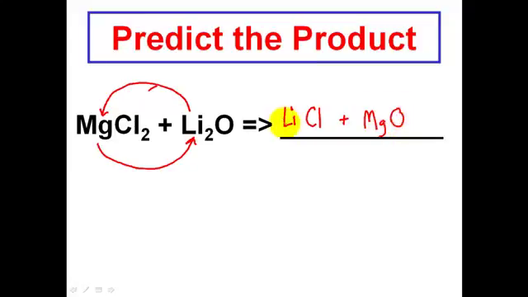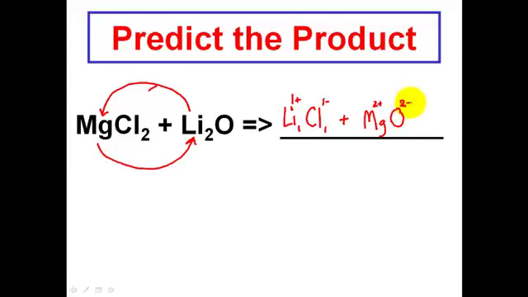Alright guys, last thing is the subscripts. Let's cross the charges here. These are ionic compounds. I have a 1 plus and a 1 minus. And a 1 plus and a 1 minus, even when you cross them, reduce down to 1 and 1. So down here, I'd see a 1 and a 1 when I cross the charges. And how about magnesium and oxygen? Well, it just so happens that I'm going to see a 2 plus and a 2 minus for oxygen.